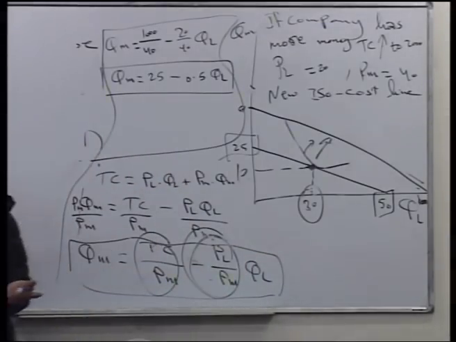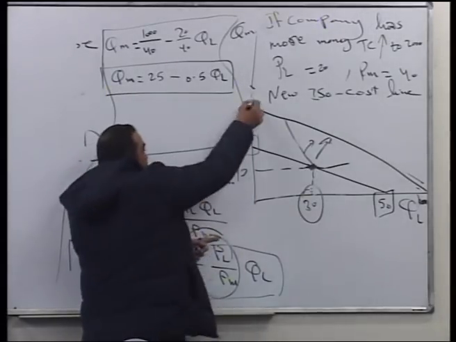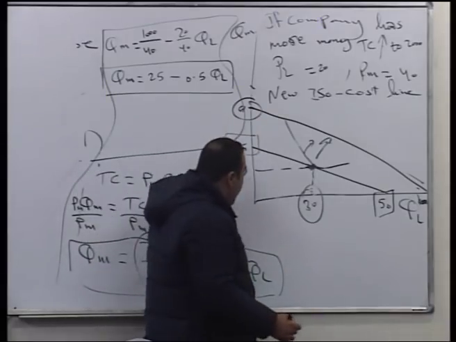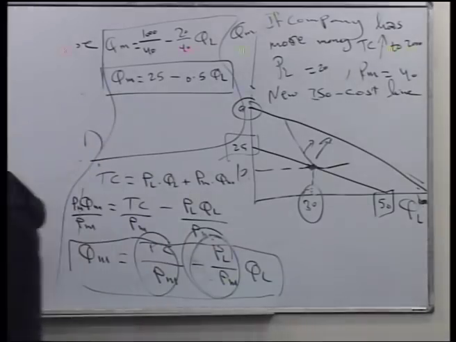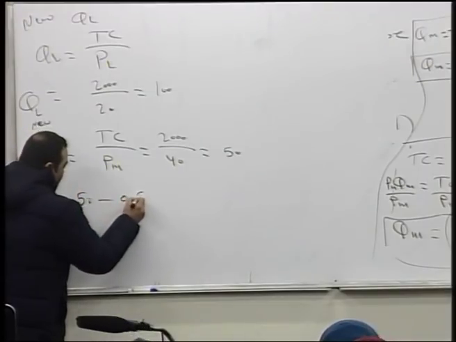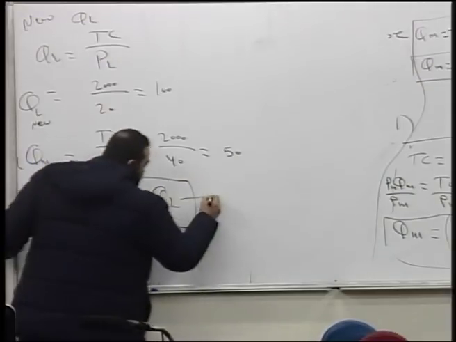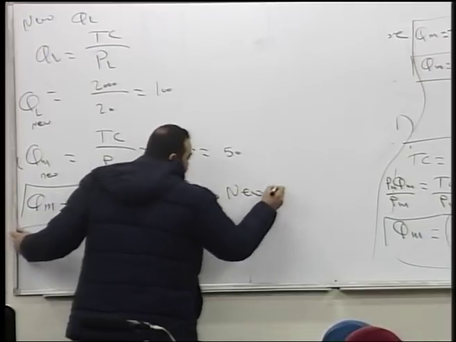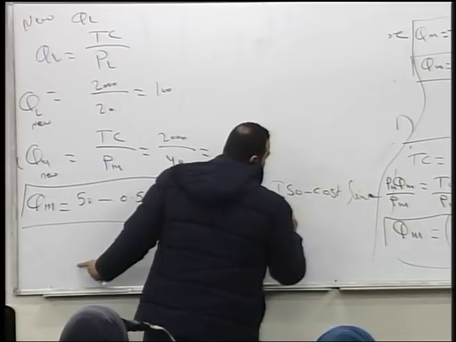How do we calculate the new formula? We say QM equals the intercept, this 50, minus 50 over 100, right? So 50 minus half QL. This is the new iso-cost line formula.